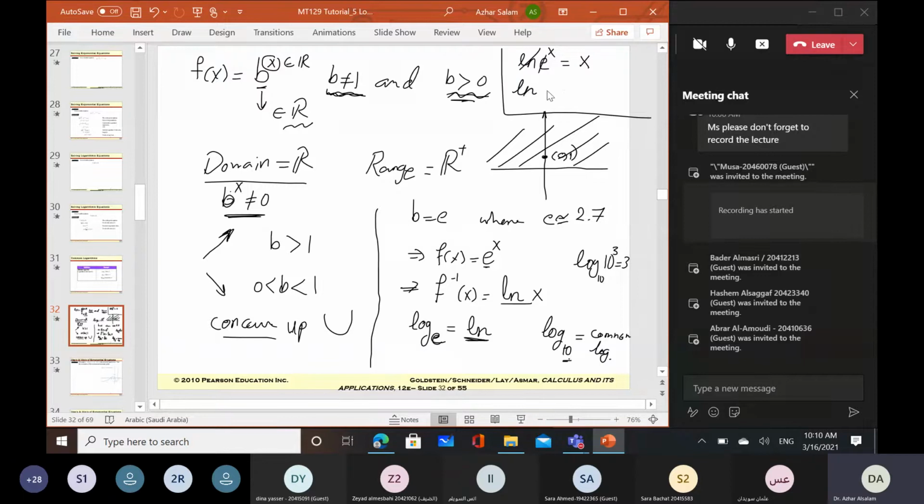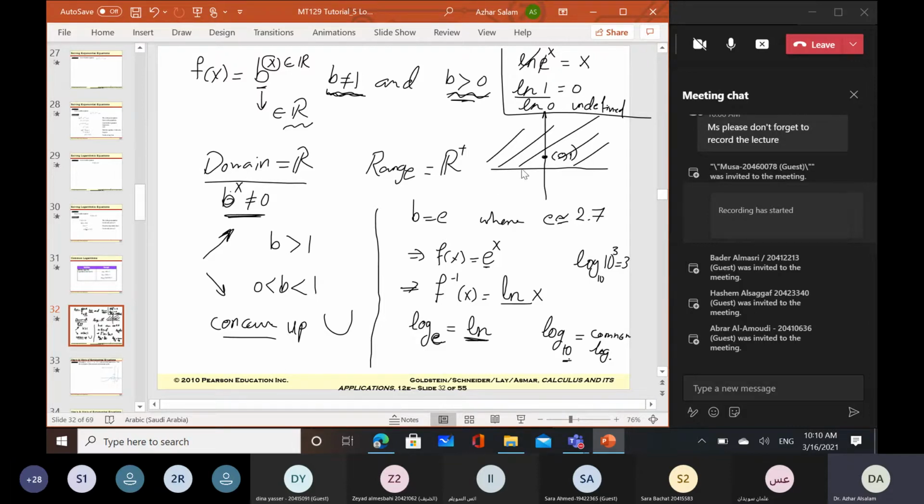Also, ln 1 is equal to 0. ln 0 is not defined, undefined. Okay, this is very important. ln 1 is 0. ln 0 is undefined.